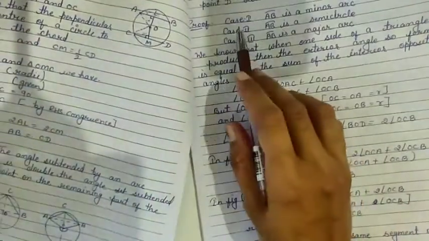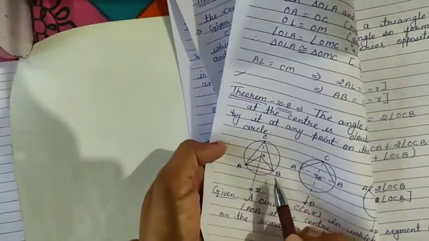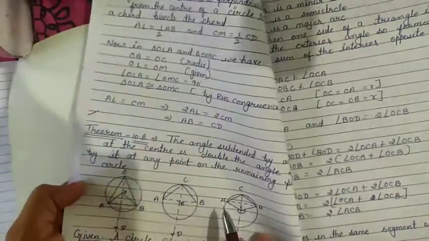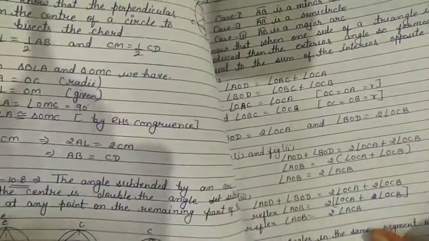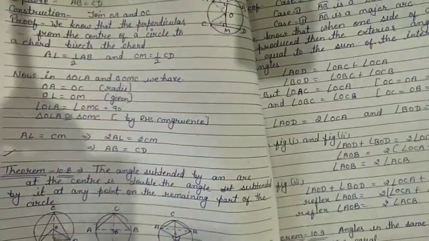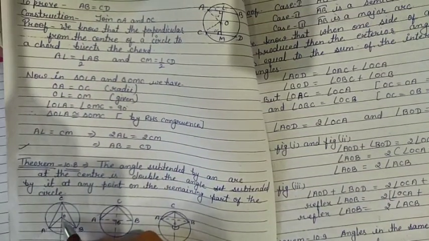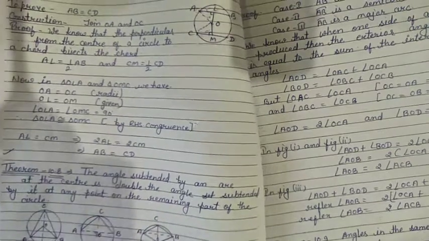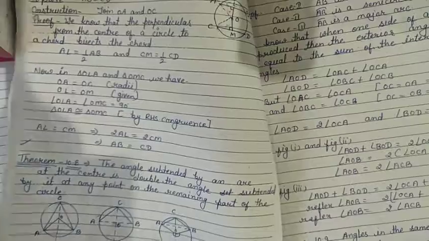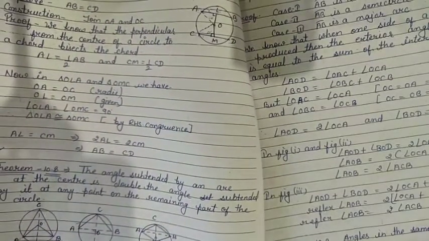Now proof. In case A, AB is a minor arc, in case B, AB is a semicircle, and in case C, AB is a major arc. Now students, we know that when one side of a triangle is produced, then the exterior angle so formed is equal to the sum of the interior opposite angles.